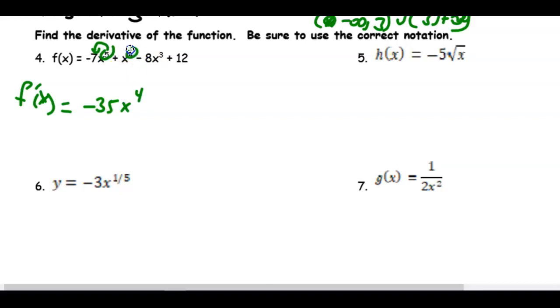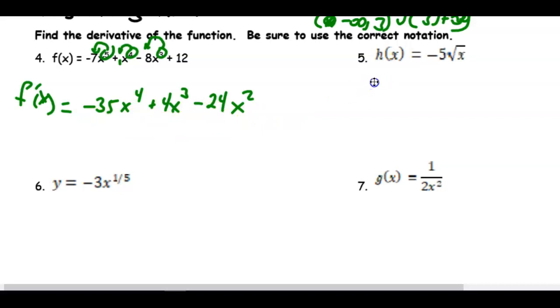Then 4 times 1, because there's an implied 1, so that's 4, and subtract 1 from that 4, which is 3. Then 3 times negative 8, which is negative 24, and then reduce that 3 by 1. And then this is the constant, and the derivative of a constant is 0. So there we go.